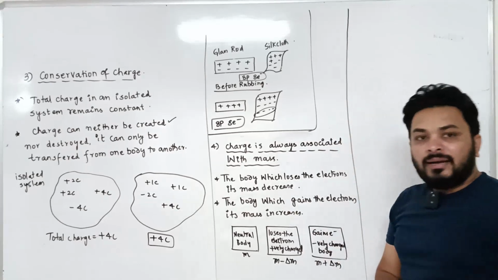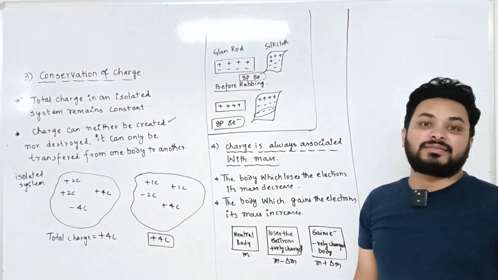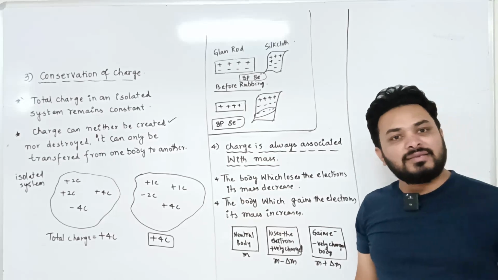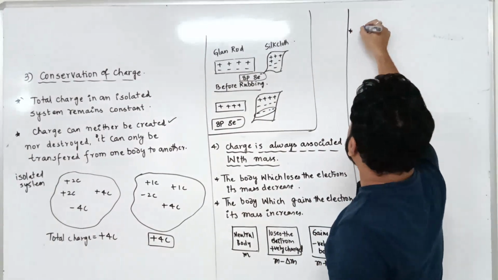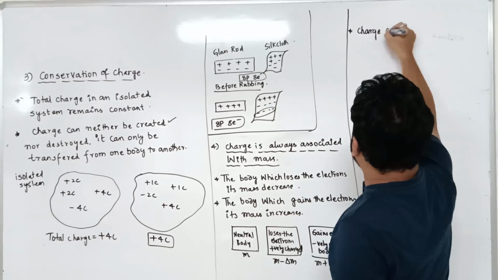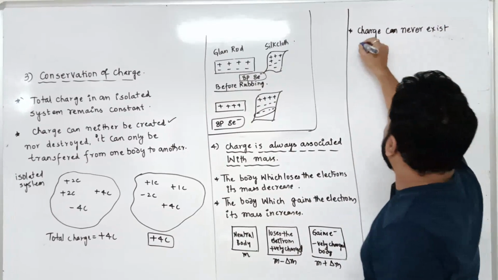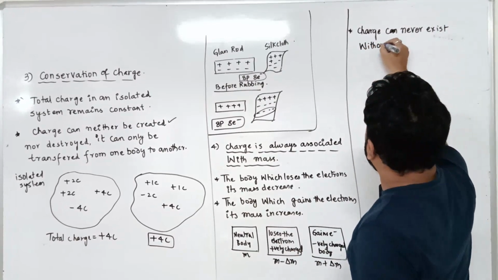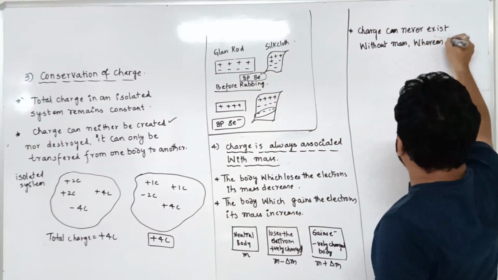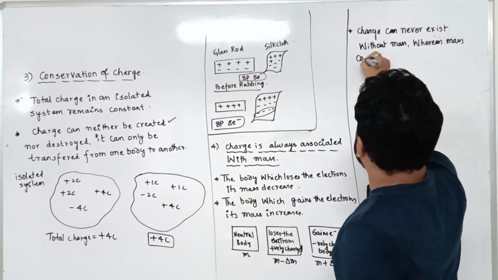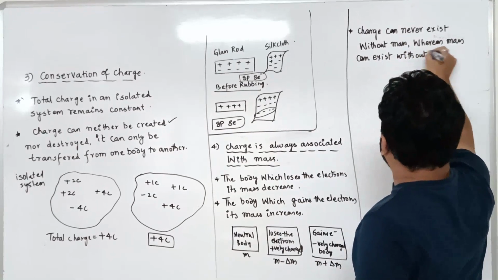The mass can exist without charge, but charge will never exist without mass. Whenever there is a charge, there is a mass. Understood? The third point we can write as: charge can never exist without mass, whereas mass can exist without the charge.